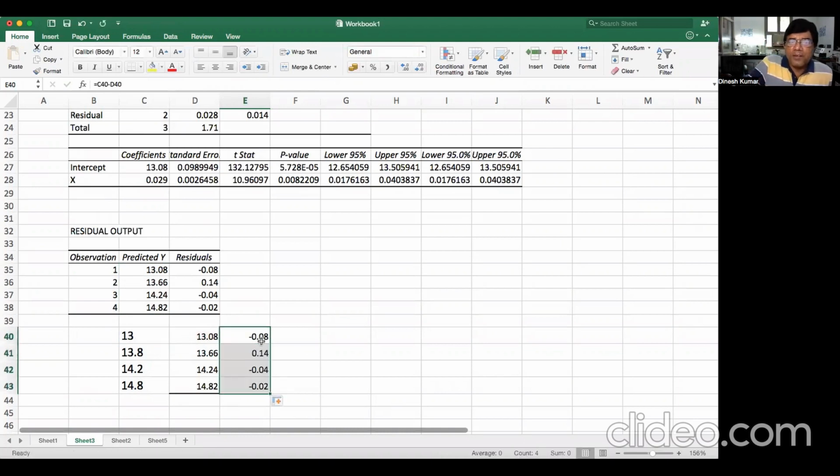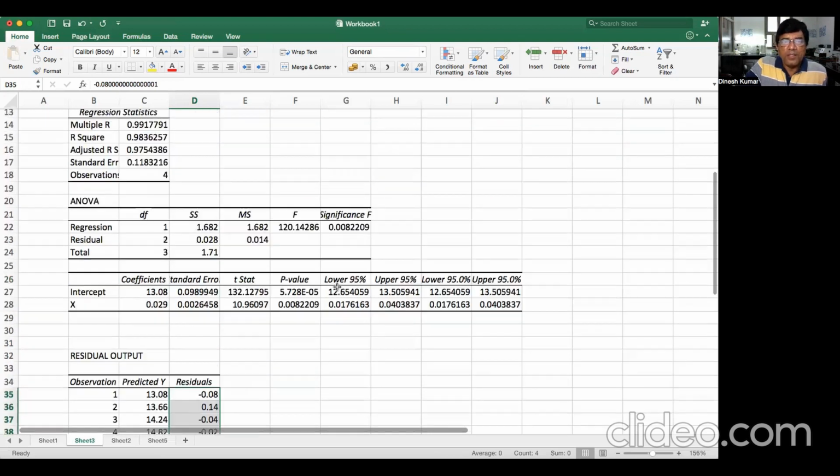So you get the predicted value. Very easy. Observed minus predicted, you get residuals. The same residuals are here, you can see. They are very nominal, very small values, which means most of the data has been accounted for.